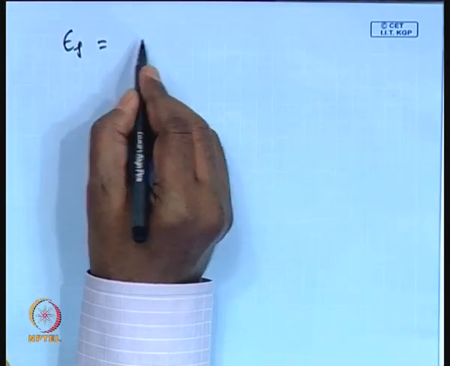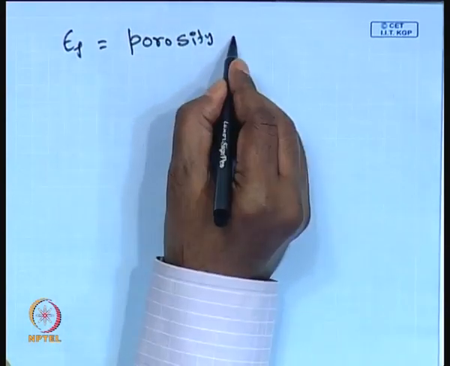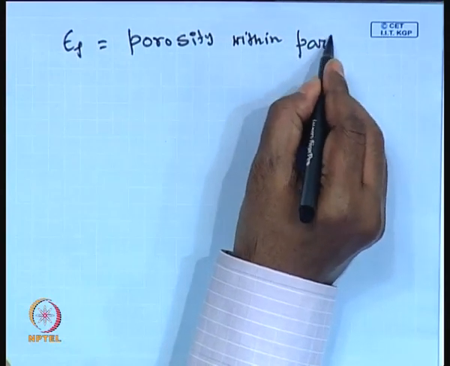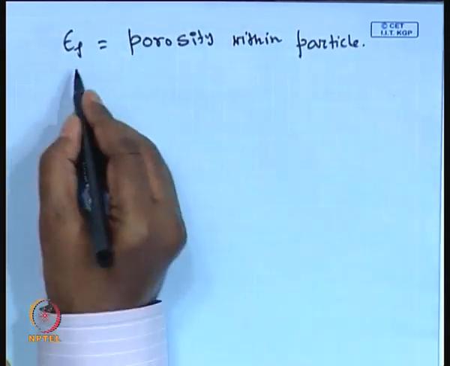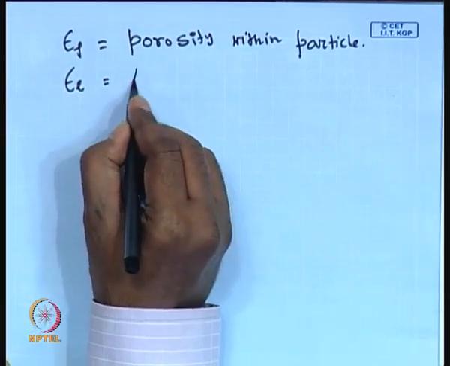Okay. So, let us have some definition of porosity of the particle. Epsilon p is the porosity within the particle. Epsilon e is the average interparticle porosity.